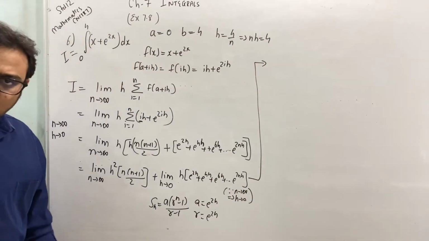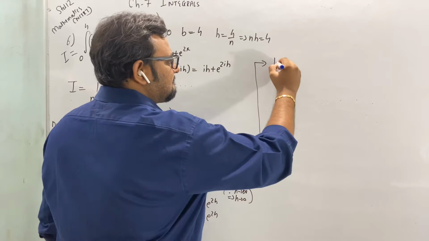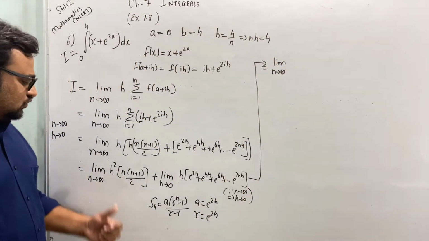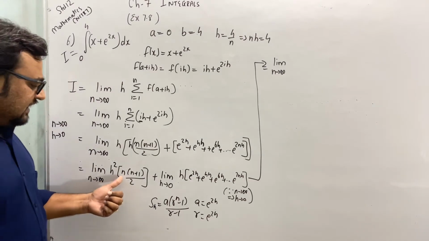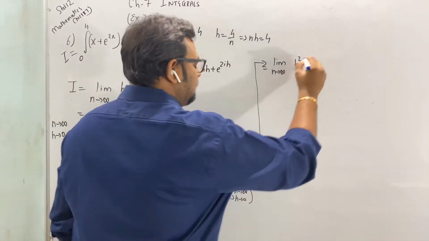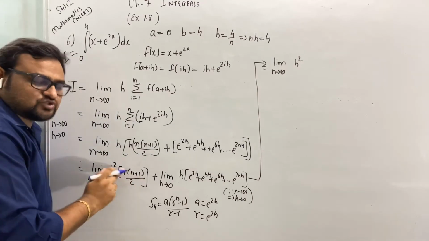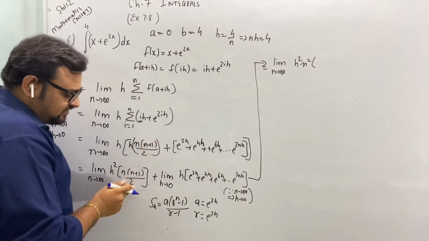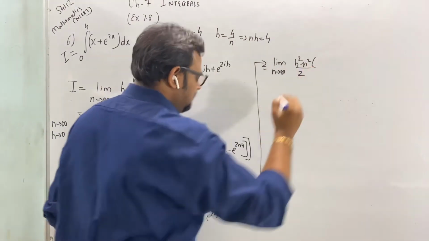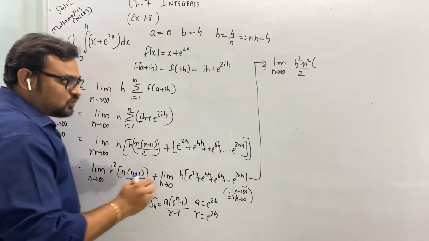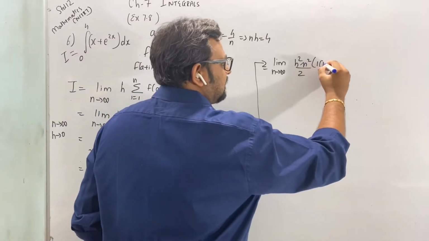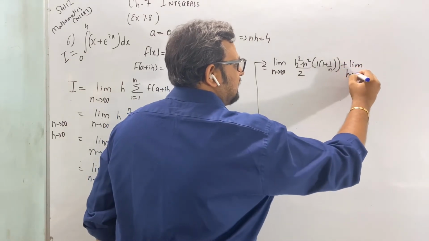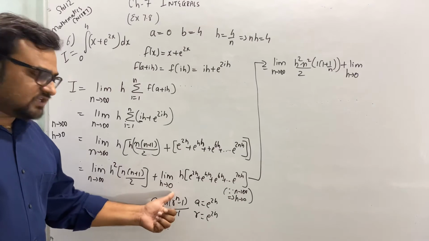So when I solve it here, limit n tends to infinity, h square, n common, so it's n square. Again this 2 outside I'm taking. Okay, 1 plus 1 by n, plus limit h tends to 0, h.